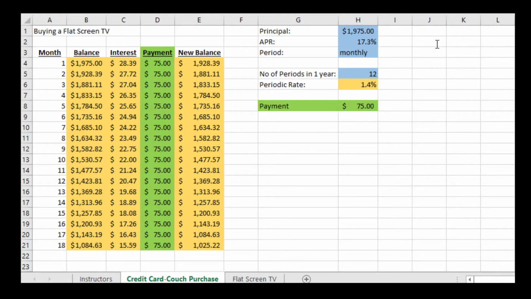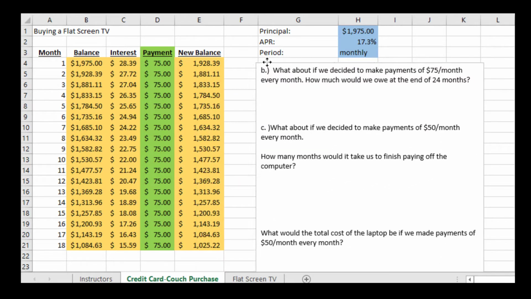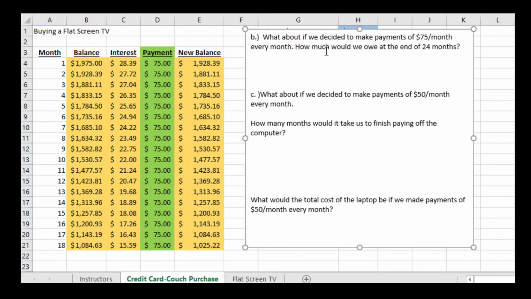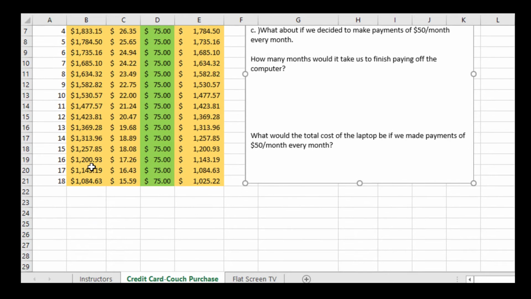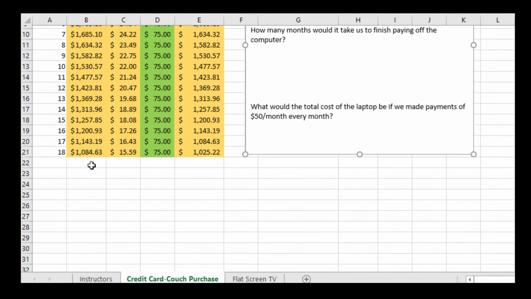Let me pull it over. And it says, what about if we decided to make 75? How much would we owe at the end of 24 months? So let's go down to, oh, you got to go farther.